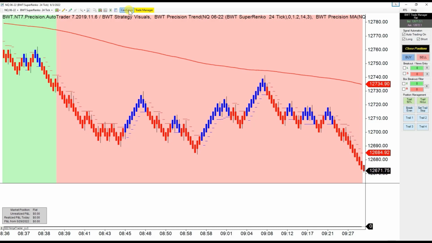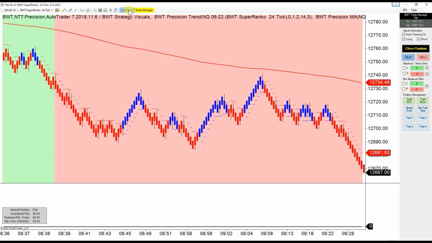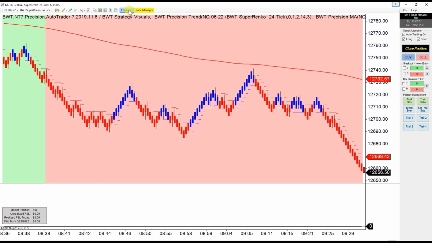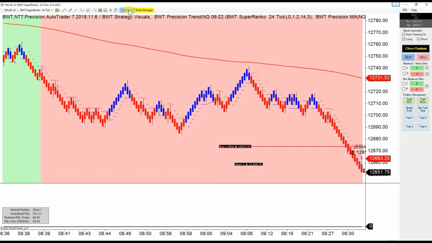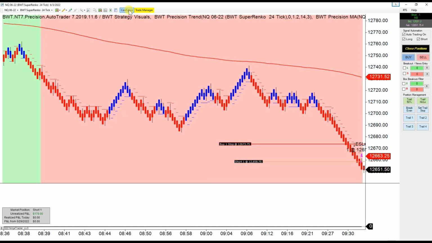Okay, so it should be a short right out of the gate because, like I said, everything is bearish on the template right now. A bearish higher time frame, bearish EMA, red bars. So remember, it's a limit order and it just hit now. So the AutoTrader is in a short, again, trading one contract, targeting 200.